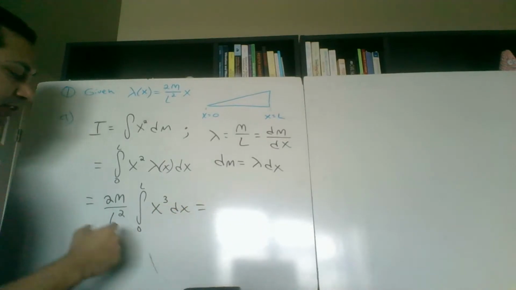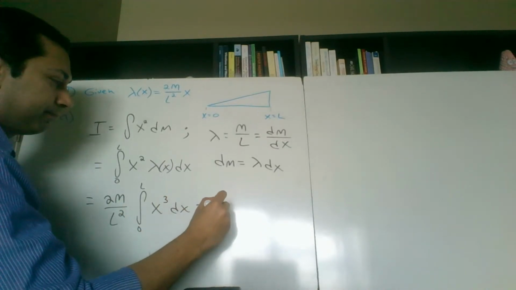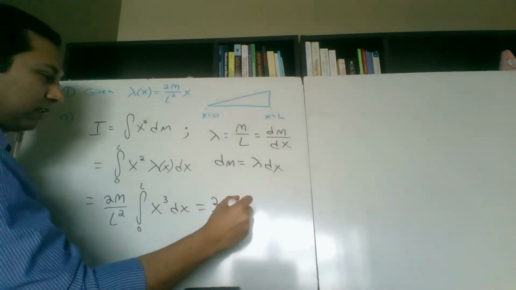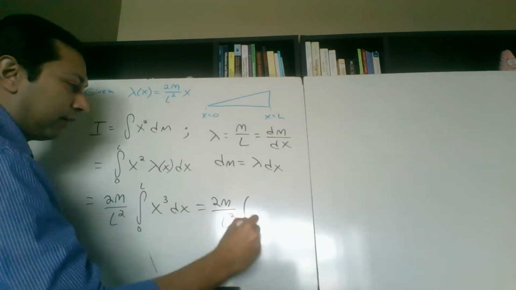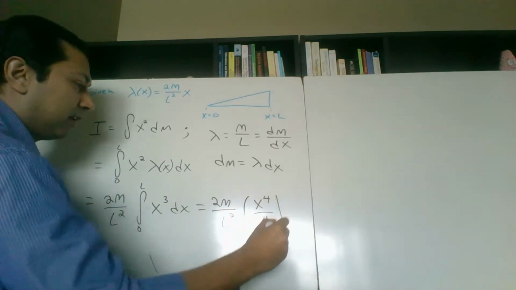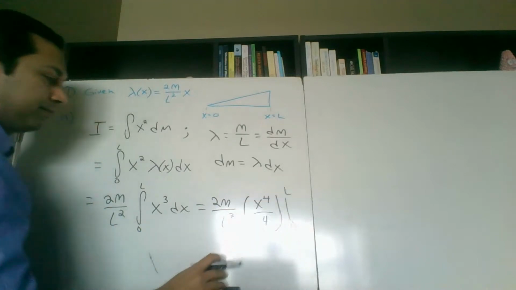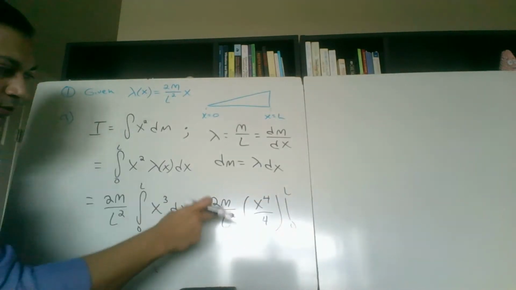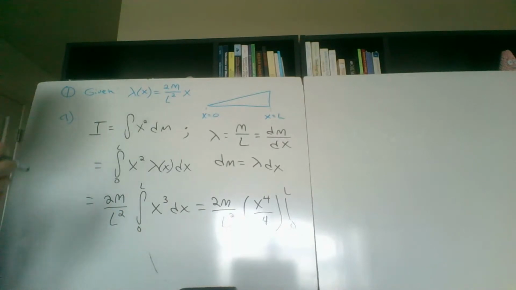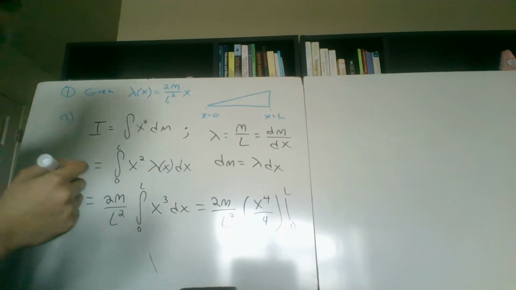And so that's equal to 2m over L squared. And then you have the integral of that, which is x to the 4th over 4, evaluated from 0 to L. And when you clean this up, you're going to get ml squared over 2.